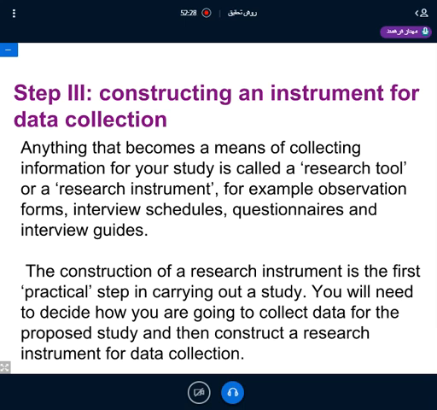How we can select the data, how we can collect the correct instruments for our study. So in this practical step, we must choose the research instruments.